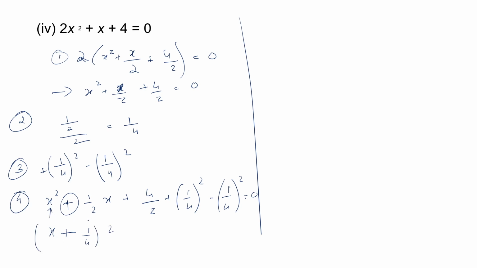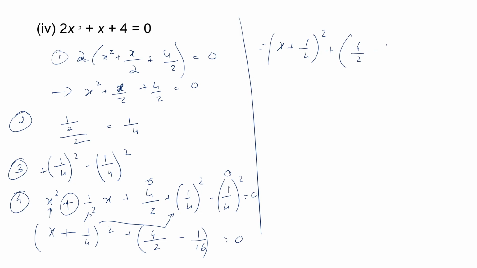So x square, 2ab, b square. Then the remaining two, group that separately. I have expanded here itself. So this one, okay. If you take LCM, 16, 32.